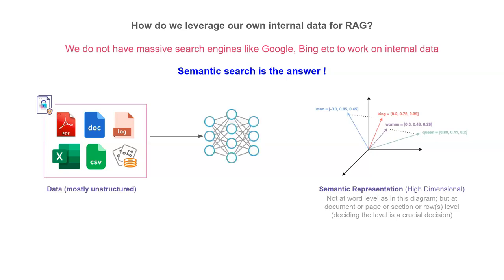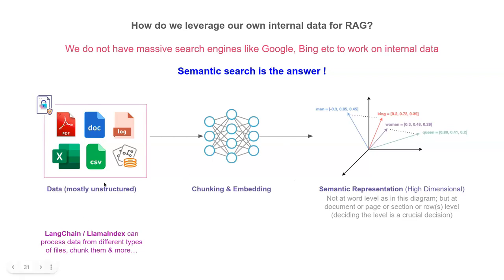So how do we do this? We have to use a mechanism of chunking and embeddings to convert the text into these vectors. The tools available for this, LangChain and Llama Index, are the most popular ones, but if you have enough Python knowledge, you can do this by yourself.